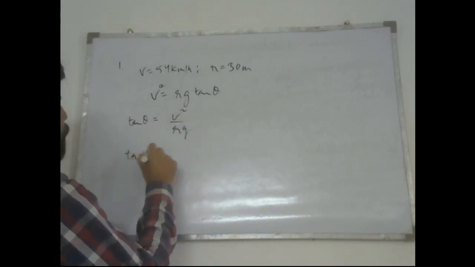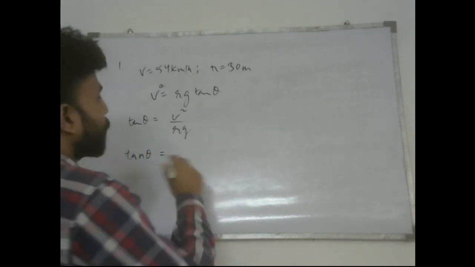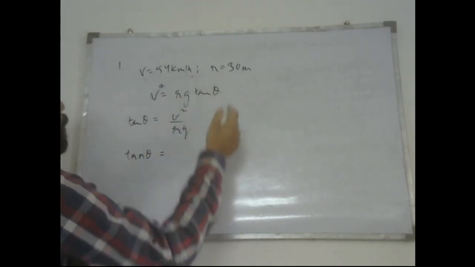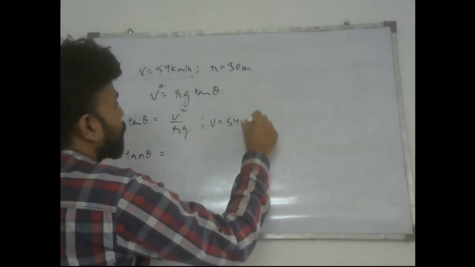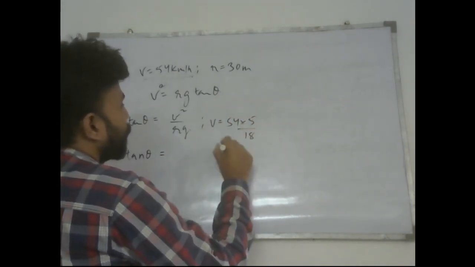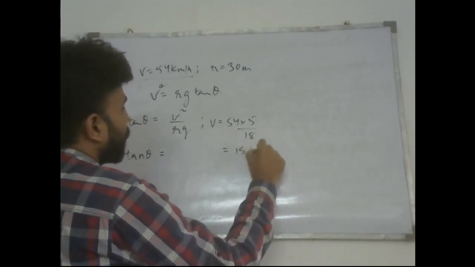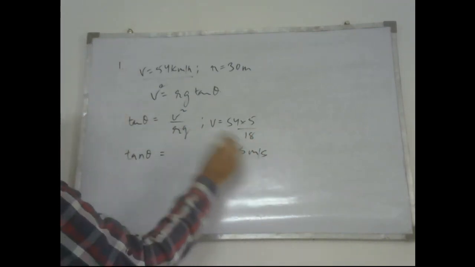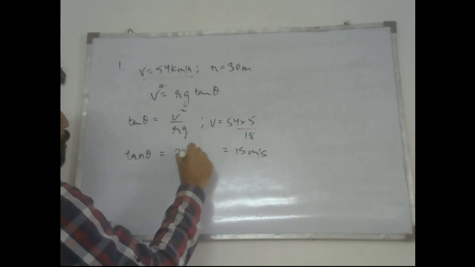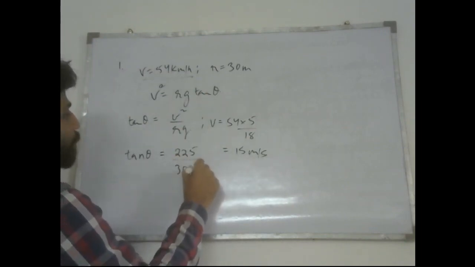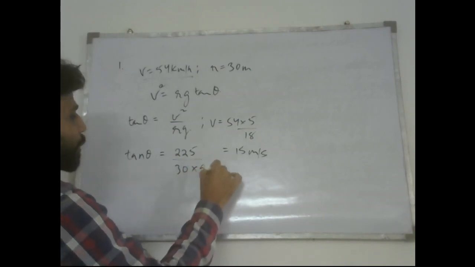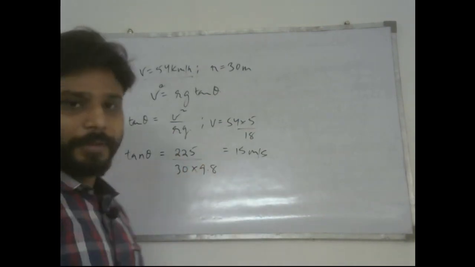Now this velocity can be converted into meters per second, so that would be 15 meters per second. V square comes out to be 225 meters square per second square. Radius of track is 30 meters, and acceleration due to gravity is 9.8 meter per second square.